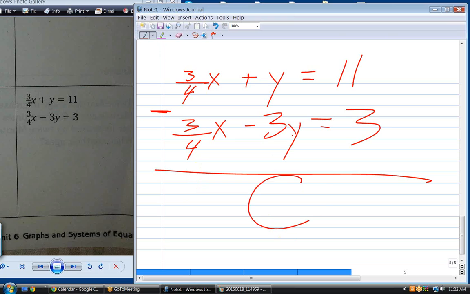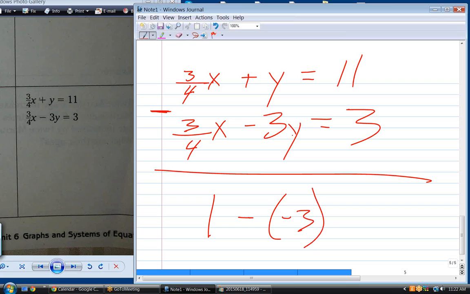Now what goes here? What is 1y minus a negative 3y? This is exactly the same problem as this. Negative 2y. What is 1 minus a negative 3? 4.